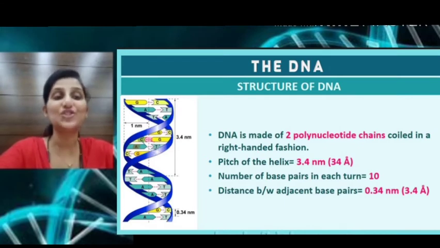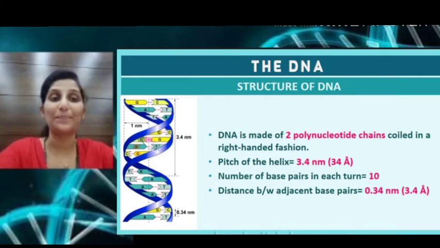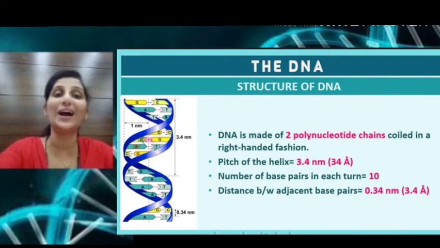And in each turn, the number of base pairs is 10. What do you mean by base pair? The nitrogen bases on one polynucleotide are complementary to the nitrogen bases on the other polynucleotide chain. We will learn that in detail in the following slides.